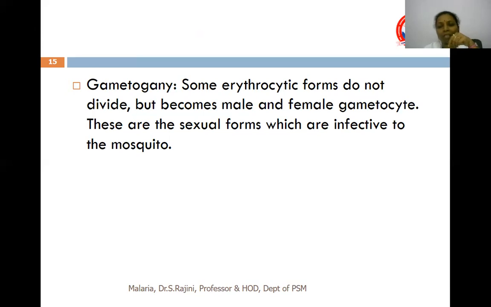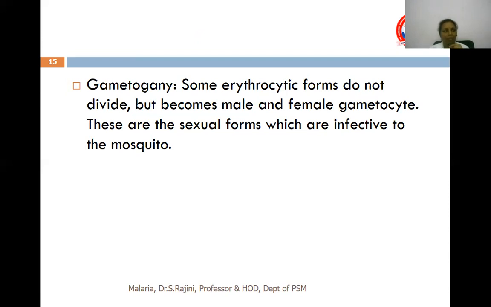So here lysis of the RBCs occurs. That's why we say after malaria the patient may be anemic, because lysis of RBCs happens in the malarial infection. They are the sexual forms which are infective for the mosquito, so they are ready in the bloodstream.